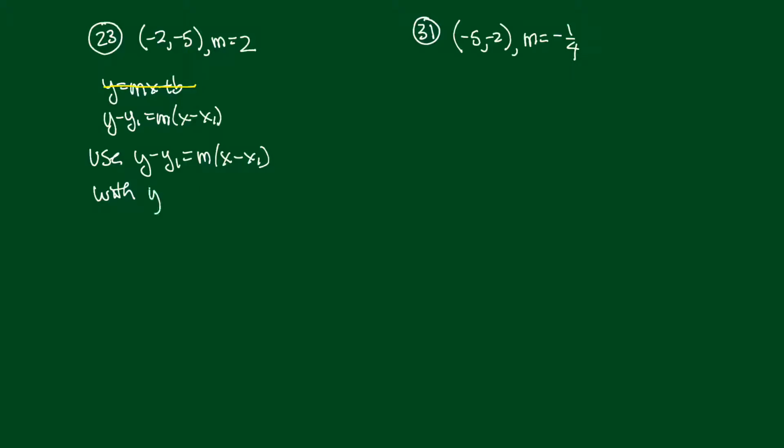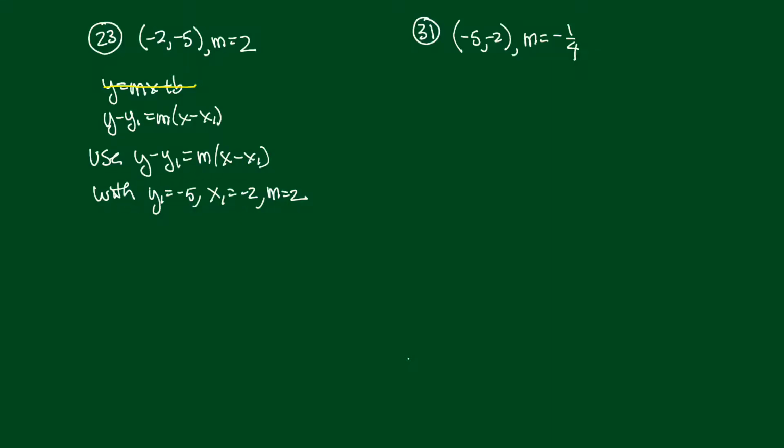So with y1 equal to -5, what else do we need? x1. That's the first x value. I only have one x value, and it's -2. So x1 is -2, and then I also need m. I'm given that. That's 2. So what I'm doing here is telling you which form I'm going to use with which information.